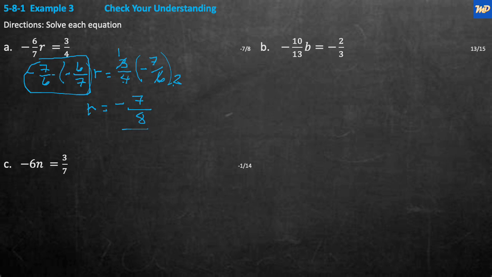How about B? The reciprocal of the coefficient of B, which is negative 10/13, will be negative 13/10. So I'll put parentheses, negative 13/10, close paren, times negative 10/13 B is equal to negative 2 2/3 times negative 13/10.